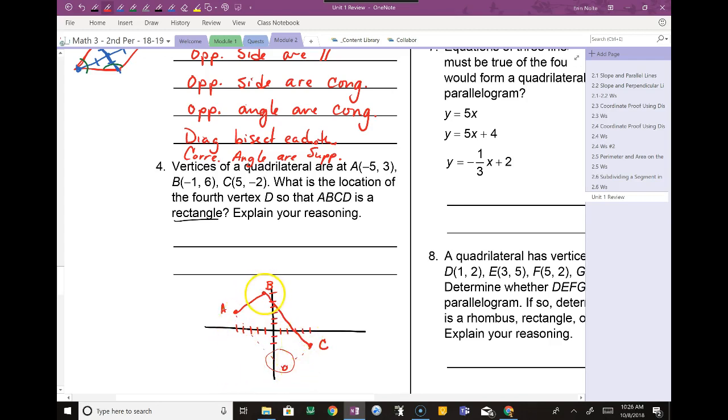To get from B to C, I would have to go down 1, 2, 3, 4, 5, 6, 7, 8. So I'd have to go down 8, and then to the right 1, 2, 3, 4, 5, 6. So I need to go down 8 and to the right 6. So I have that same slope from point A.